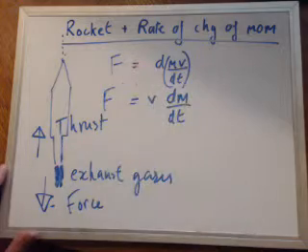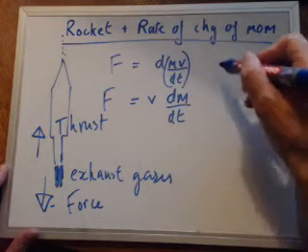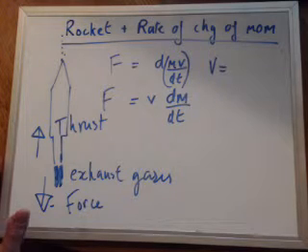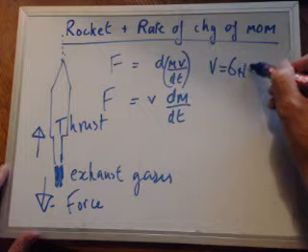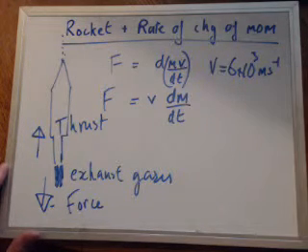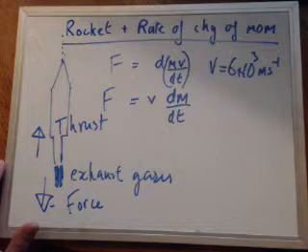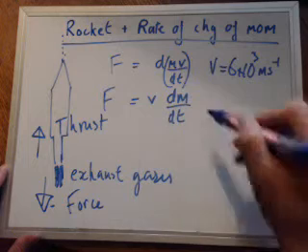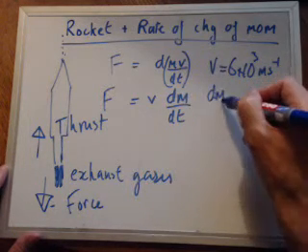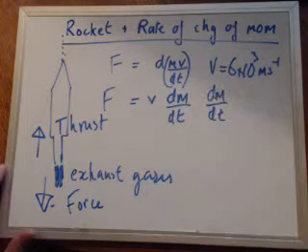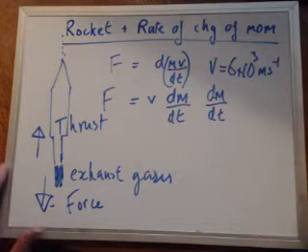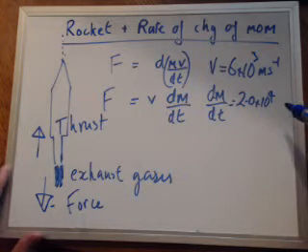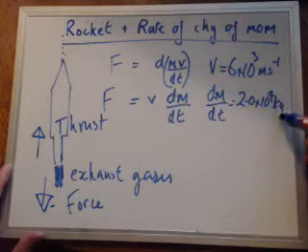So we're assuming the velocity coming out of the rocket is constant. I'm going to put some values to this to make this easier. We're going to say that the velocity of the exhaust gases is equal to 6 times 10 to the 3 meters per second, 6,000 meters per second, and that the rate of change of mass, dm/dt, the mass of the rocket coming out per second, is equal to 2.0 times 10 to the 4, so that's 20,000 kilograms per second.